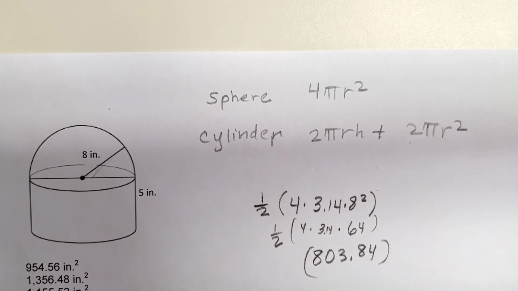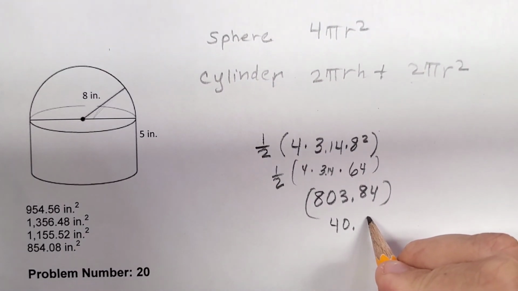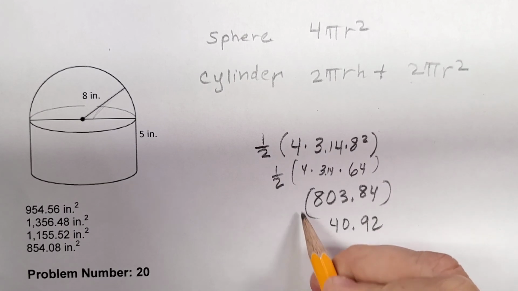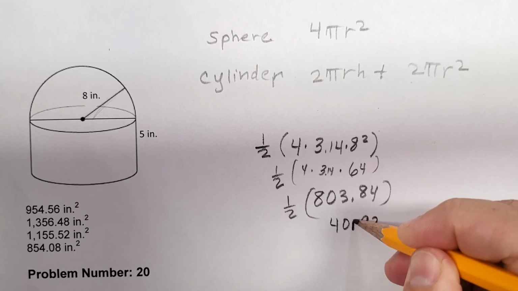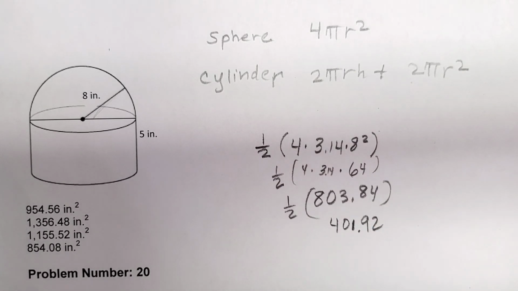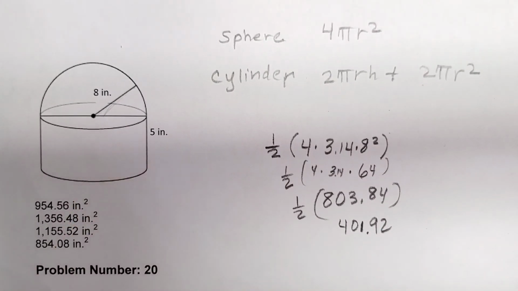And then, what's half of that? You just divide it by 2. 401.92. Because we multiplied it by a half. 401.92. So the hemisphere is 401.92.